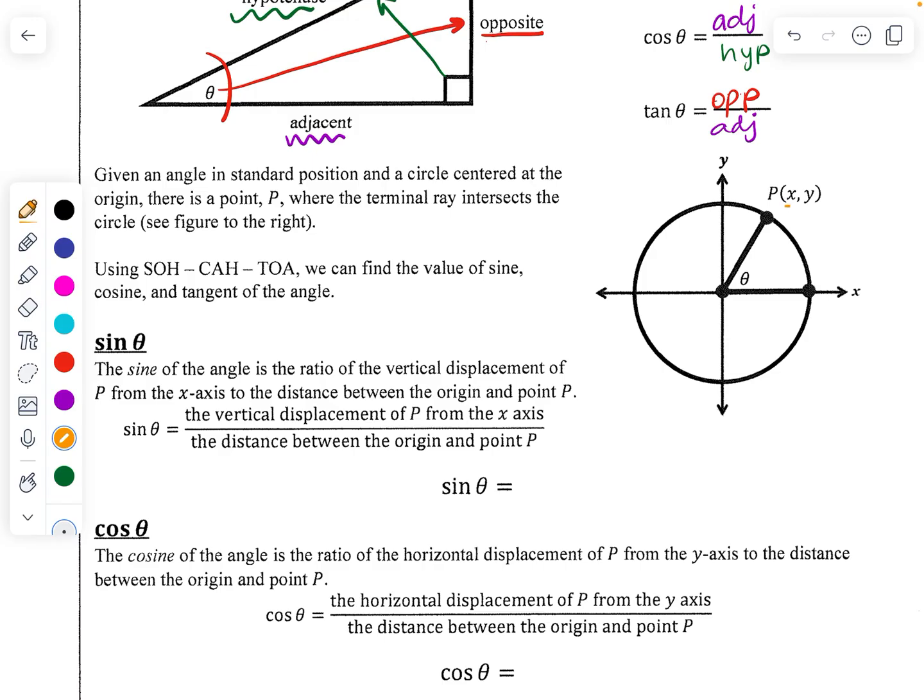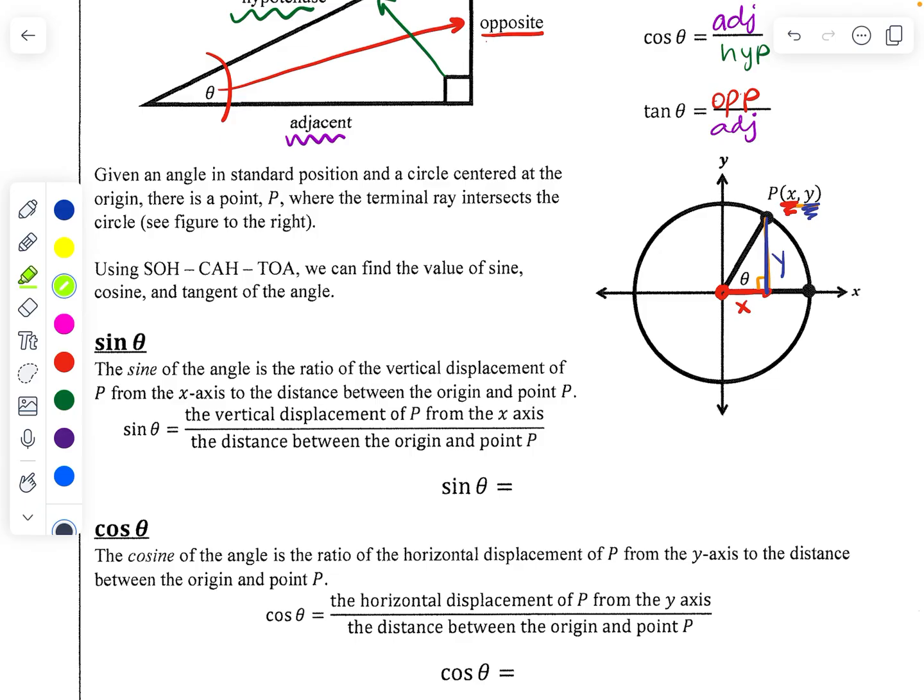So remember that if this point here is x comma y, we can draw this down. It creates a right triangle. This distance from the origin to this point is that x value, or that horizontal displacement from the origin. And this vertical line is the y value from the horizontal x-axis, okay?